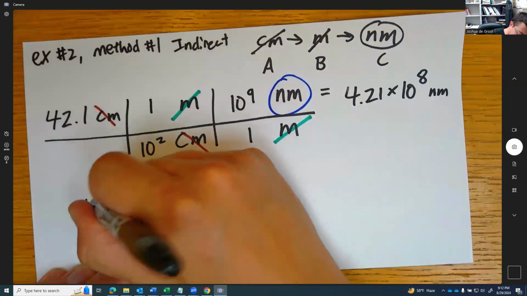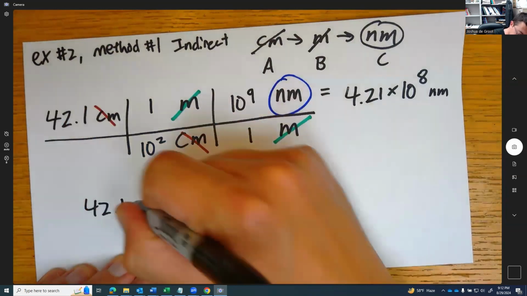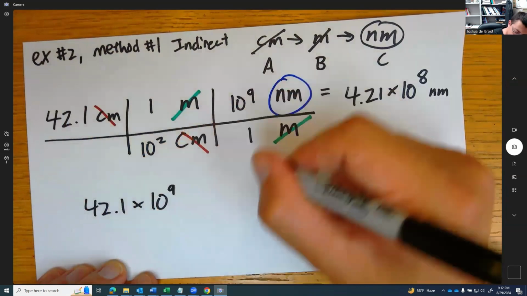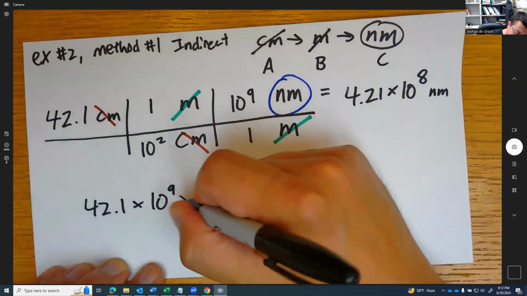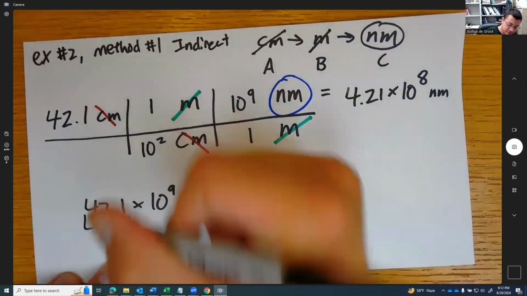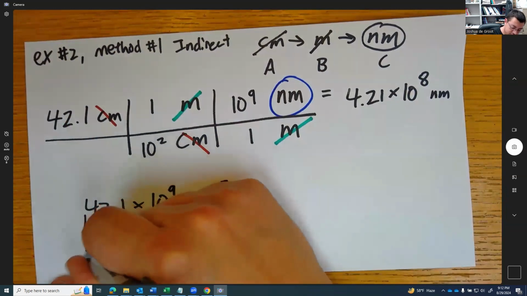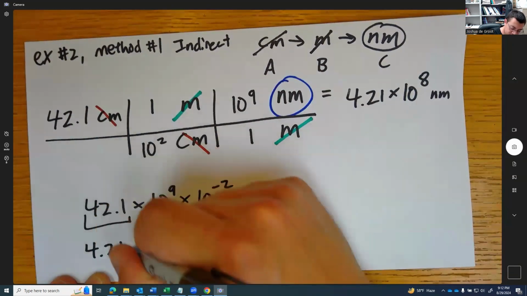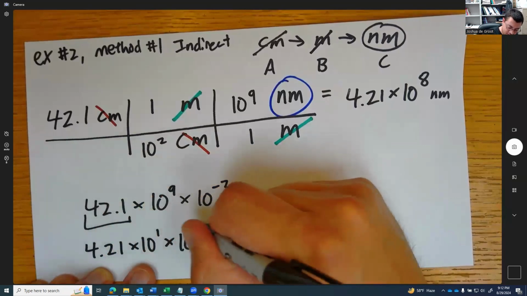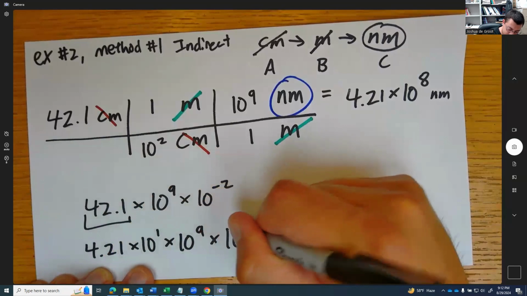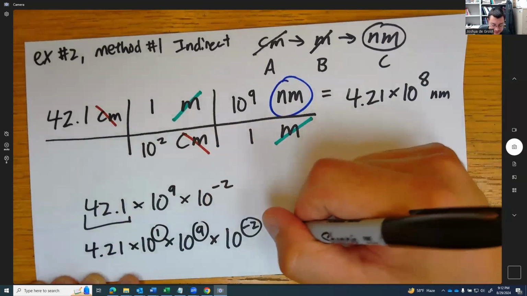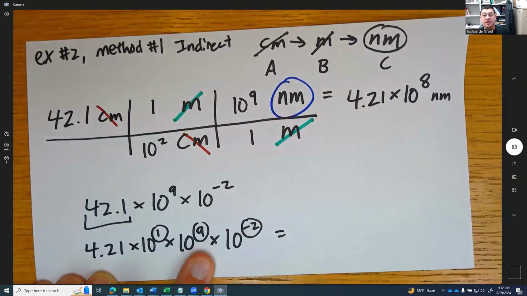Okay, we would have 42.1 times 10 to the ninth power. Okay. And then we could just bring that up, times 10 to the negative second power. If you realize that 42.1 is also the same as 4.21 times 10 to the 1 power, then we can just combine these exponents, add them. 1 plus 9, 10.